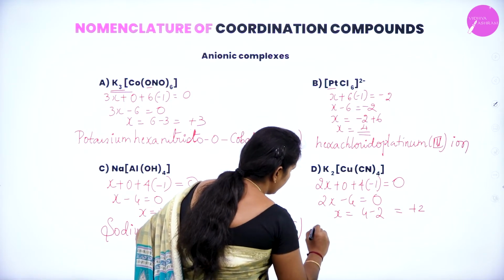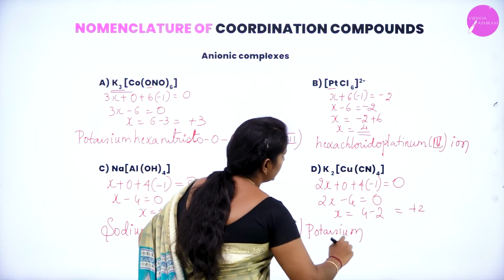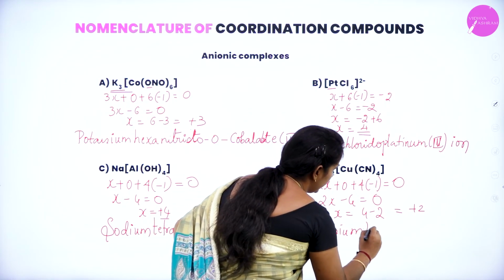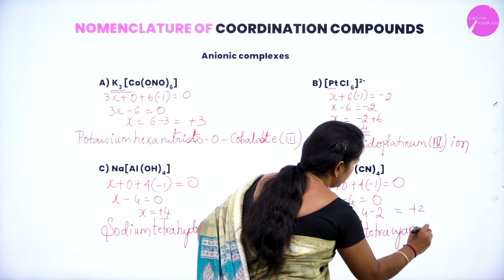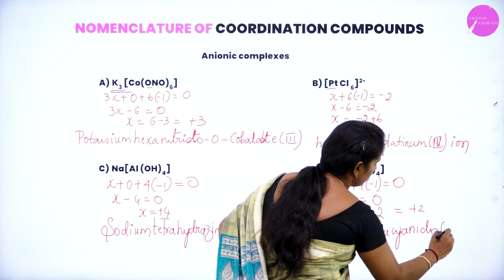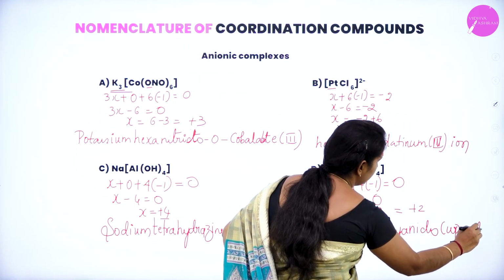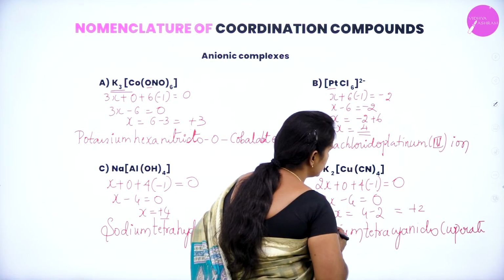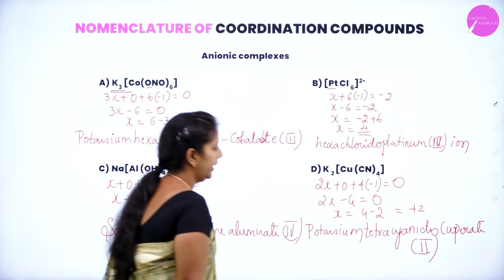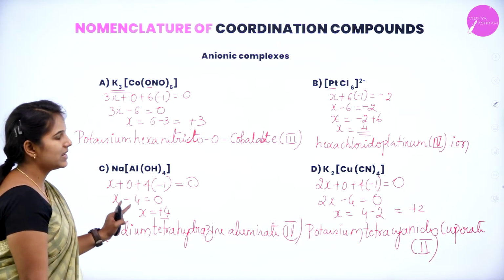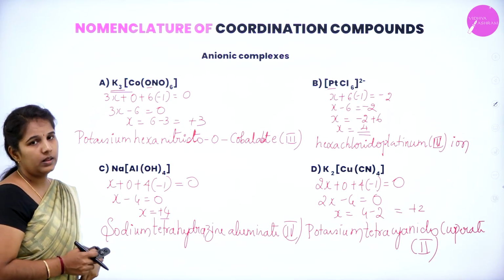Okay, and it is named as potassium tetracyanido cuprate, or you can say cuprate 2. Cuprate 2. In all these examples, I have used the ate ending with the metal atom.